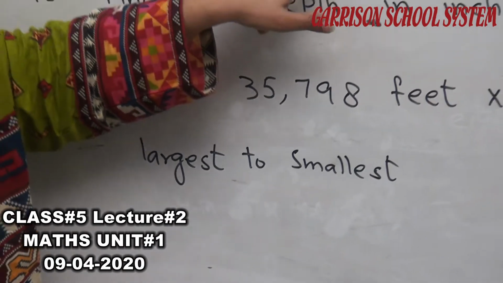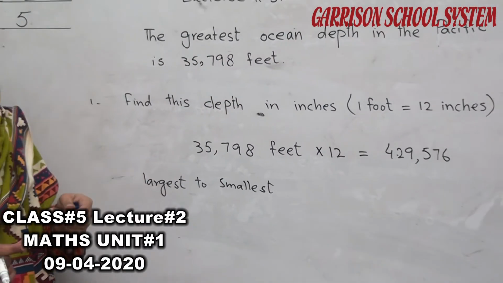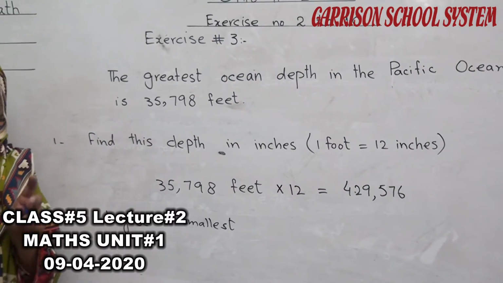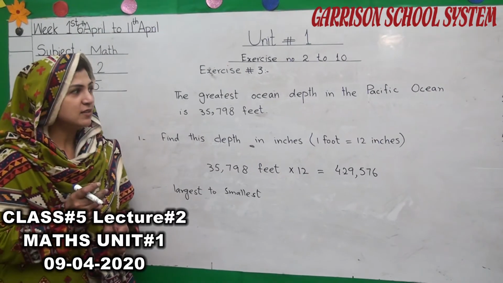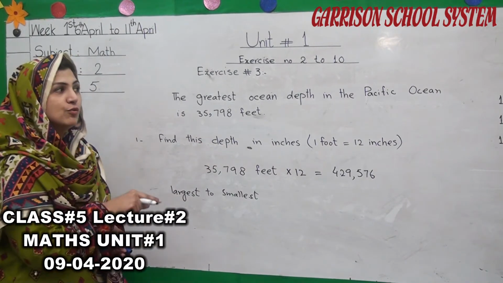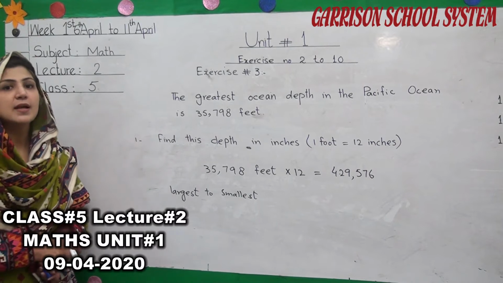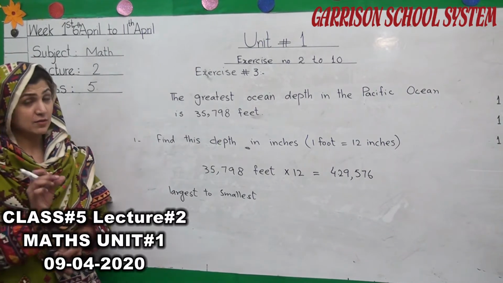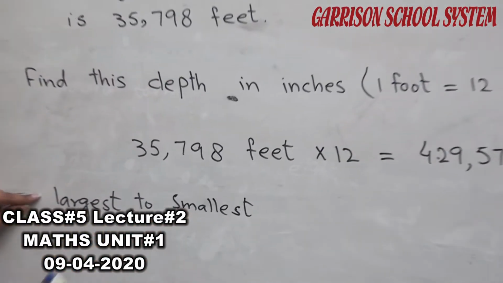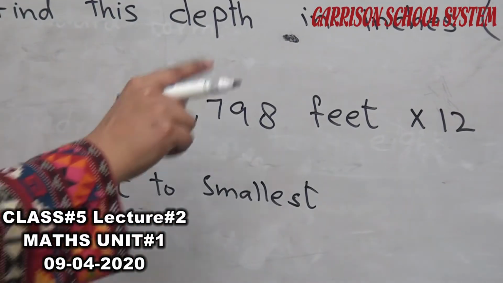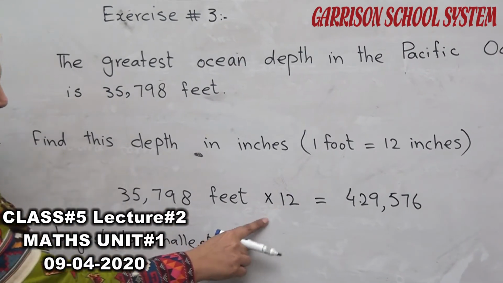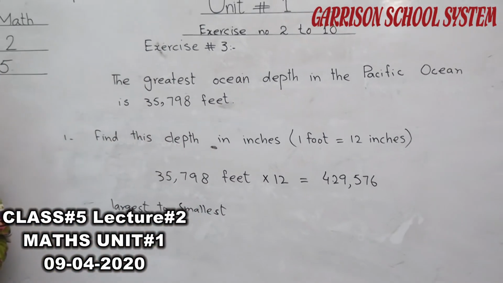Feet is the largest unit and inch is the smallest unit because 1 foot has 12 inches. So when we convert largest to smallest, we will multiply. In this way, we will multiply by 12. So let's start to multiply.